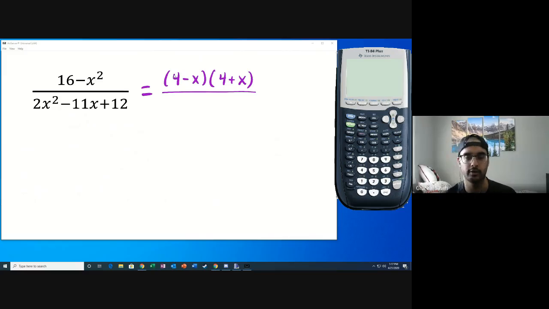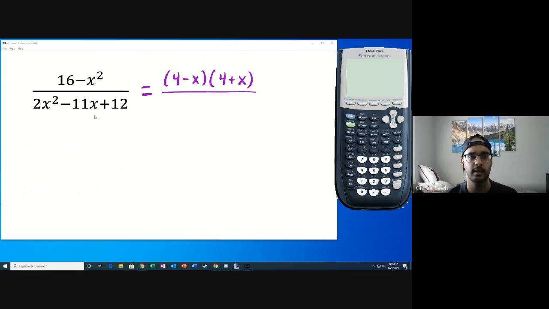Let's factor the bottom first. Now this one isn't as straightforward because my number in front of my x squared term is actually not 1 anymore. So I've got to think about doing that decomposition method. Now I need two numbers that multiply to 24 but add to 11. 8 and 3 seem like they'll work.